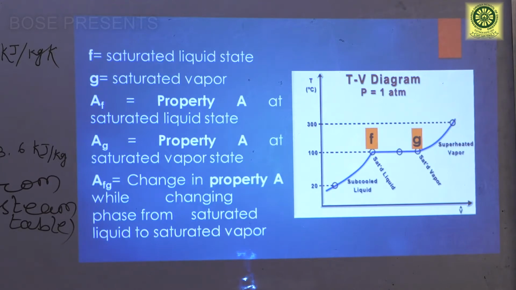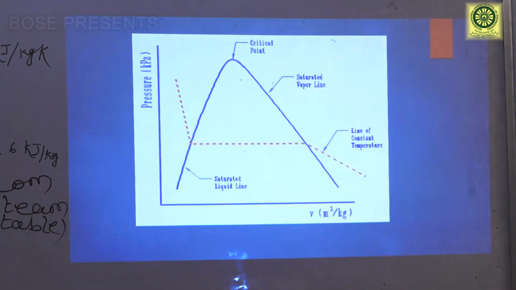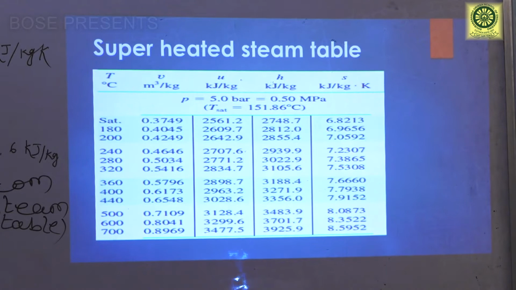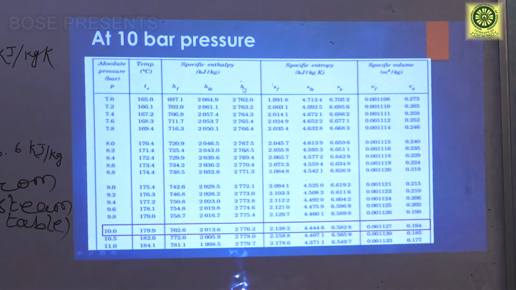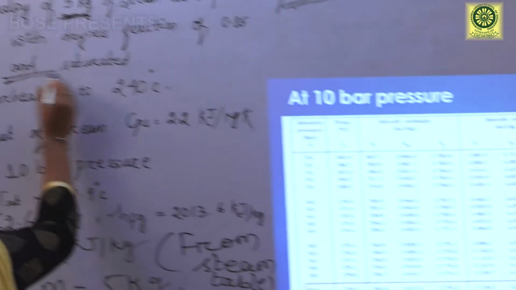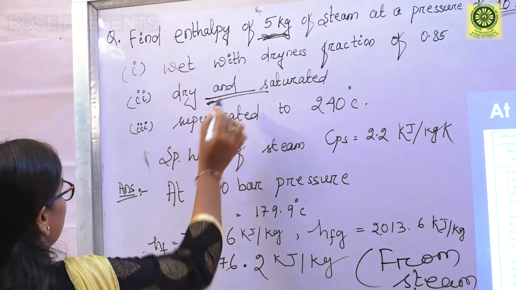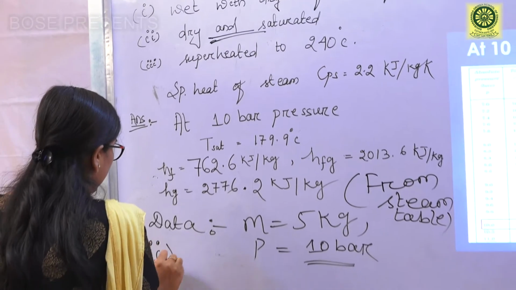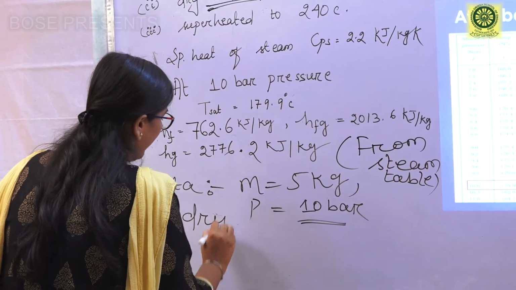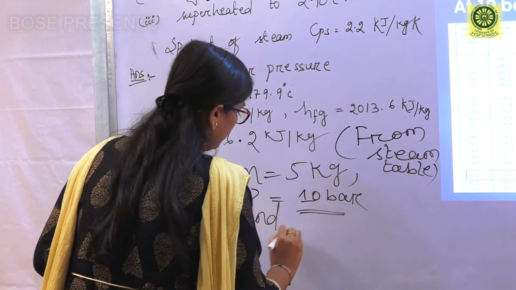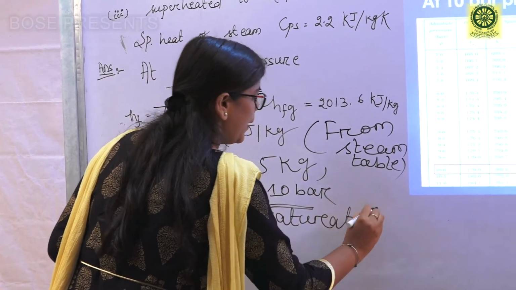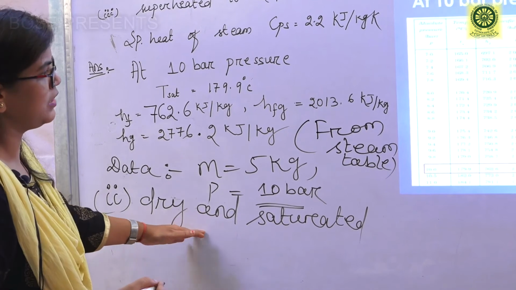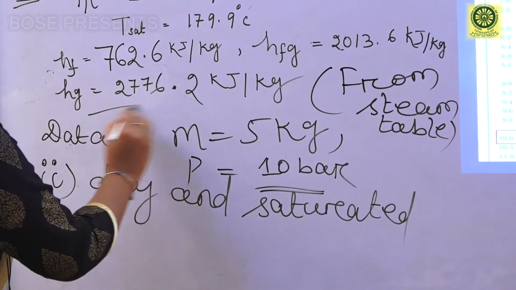For saturated vapor, I have to find out the value Hg, which will be my enthalpy for this condition. Dry and saturated means it will lie in your saturated vapor condition. So for this condition, my value will be Hg.